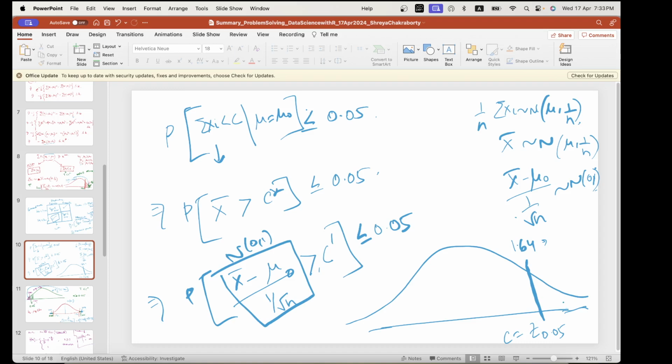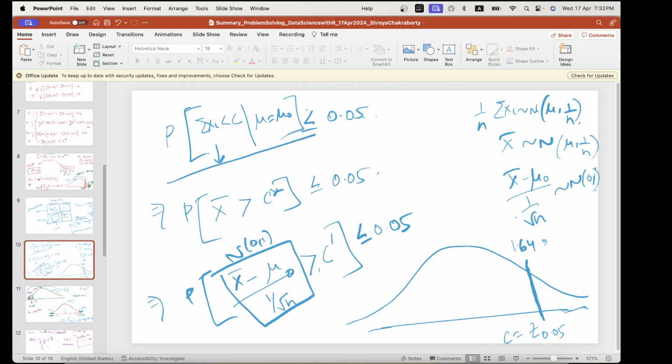So do you understand how to do it? First, we write the Neyman-Pearson lemma, we get the rejection rule, and then since we are capping type 1 error to our desired level of significance, we compute the probability of rejecting H naught given H naught is true.